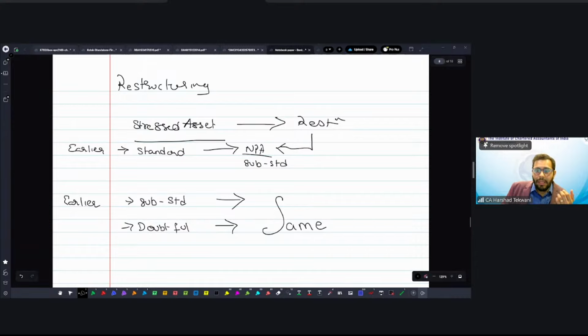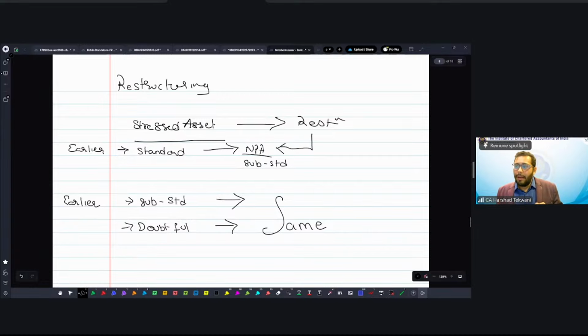Now, there is something basically called upgradation of a particular asset. Now, from standard to NPA, and NPA will retain the same.